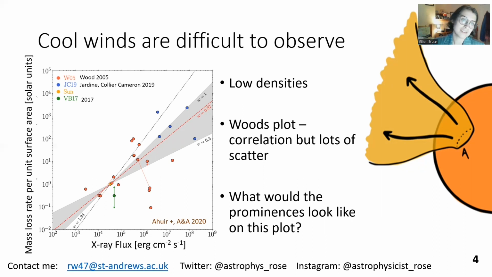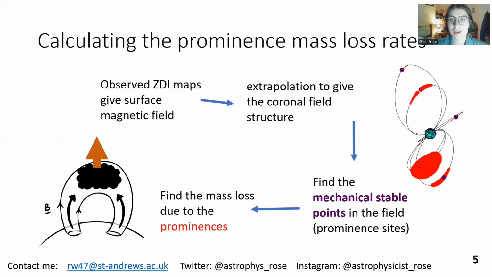So the plot here, whilst it shows a correlation between the X-ray flux and the mass loss, there is quite a lot of scatter. And what I've done is reproduce this plot, but for some modeled prominences. I did this by calculating the mass loss rates for these prominences, which are theoretical calculations, not observed.